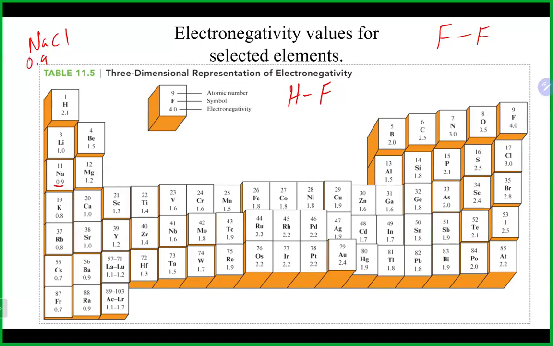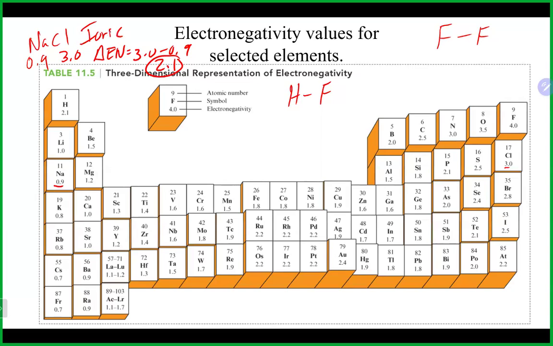Chlorine, over here, is a value of 3. To calculate the change in electronegativity, we just take 3 minus 0.9. That is a 2.1 difference, and 2.1 is above 2, which tells us it is an ionic bond.